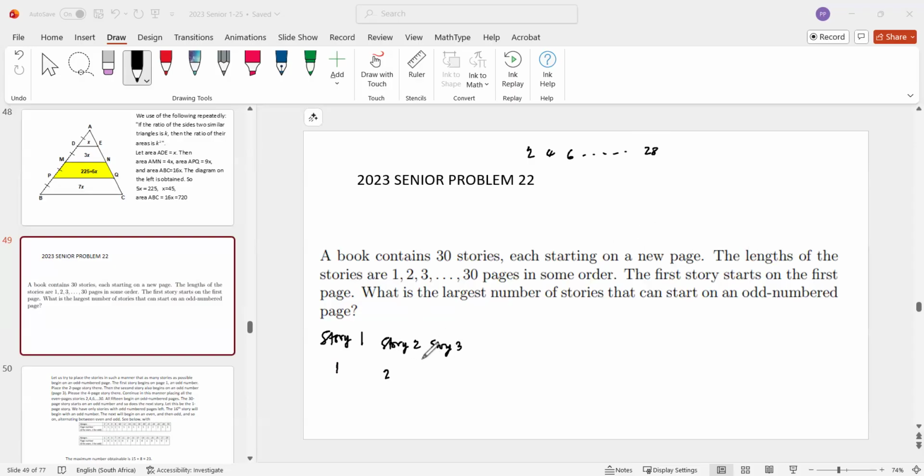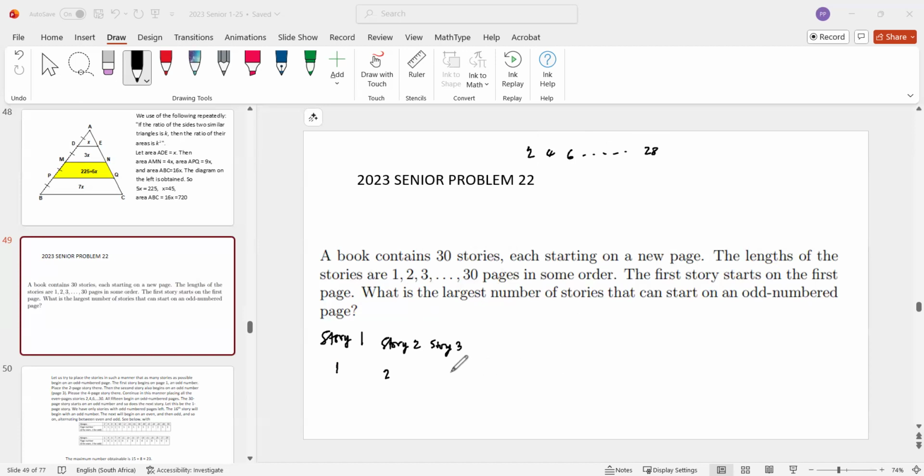So story 3, suppose it starts on the even page. How many of you got 14 stories start on the even page?